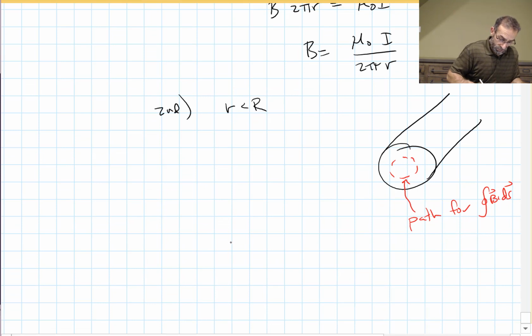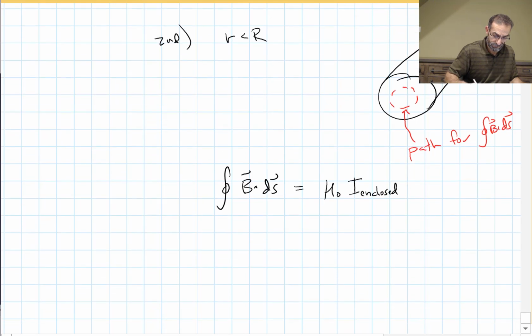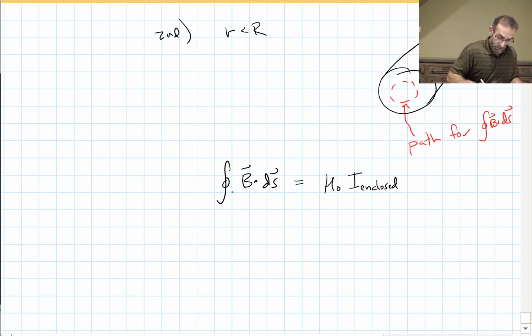The integral around that path, B dot ds, is mu naught I enclosed. The left side is just going to be B times the integral of ds, which is just going to be B times 2 pi r.